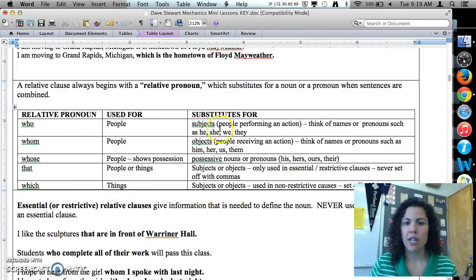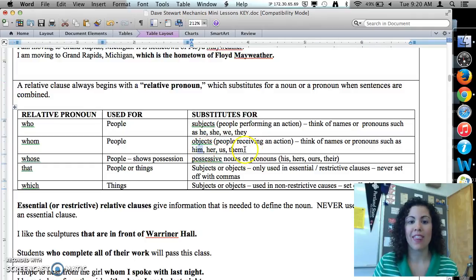So who, subjects, people performing the action, names, pronouns, which are like he, she, they. Whom, objects, people receiving the action, and we'll talk a little bit more about when to use who and when to use whom. Names or pronouns like him, her, them. I always tell students if you can use a him or them, then you need to use a whom. That's my little mnemonic device for remembering. Whose, you have possession or pronouns like his, hers, ours, or theirs.